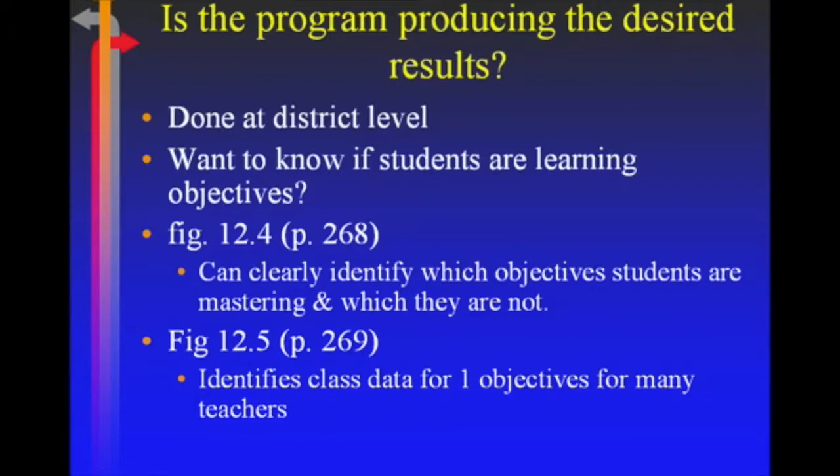If you look at the next page on 269 at figure 12.5, what this chart is, it's multiple teachers by one objective. So you have a class data for one objective for many different teachers. So if you look at the table, you have all the different teachers.